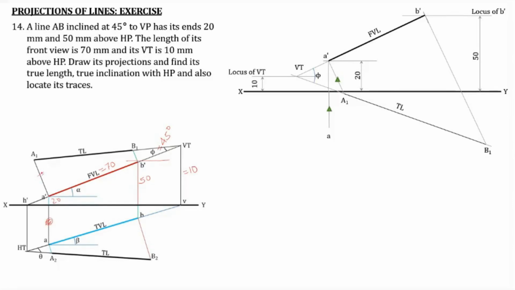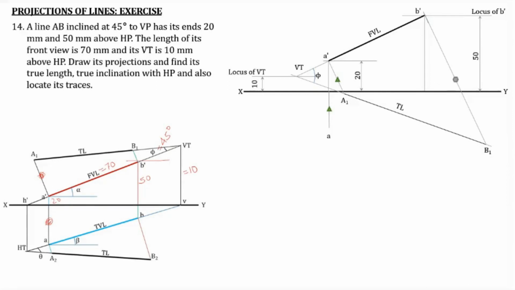This distance A dash A1 should be equal to the distance of A from XY line. So the same theory we apply here also. This is the distance, and that particular distance is repeated here, and thus point A is located.